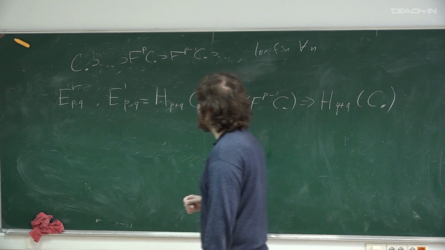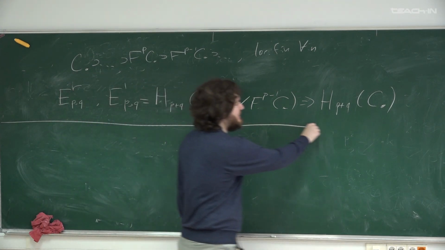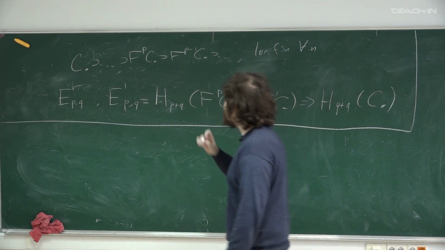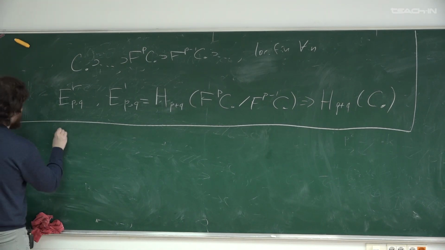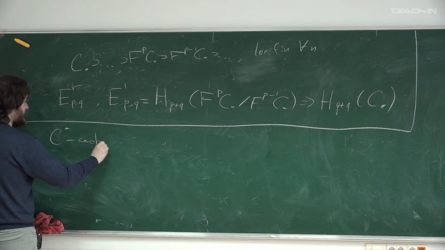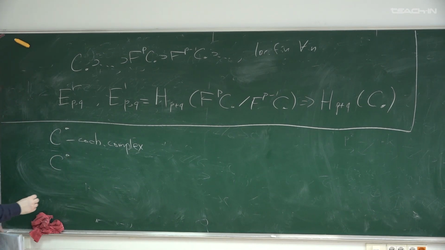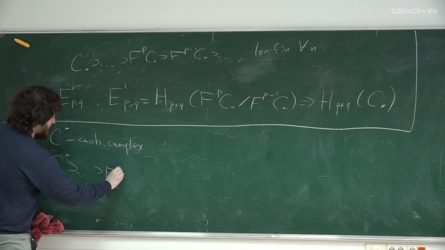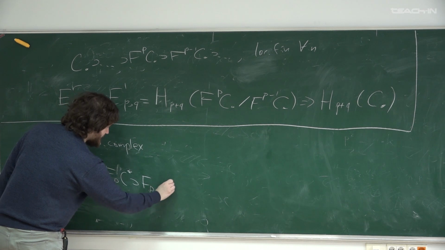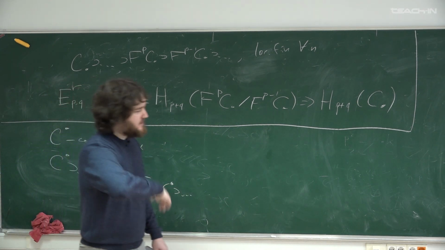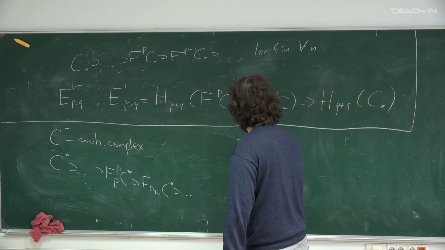Now maybe here I need to say that if you have a cochain complex, and you have degrees in the filtration, then all this construction works, and you obtain a cohomological type spectral sequence.